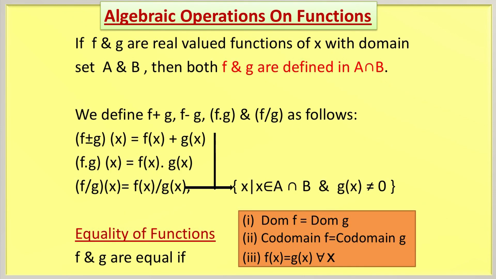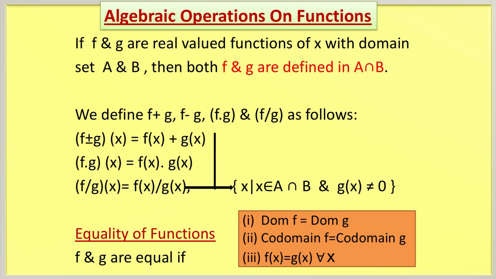Now, algebraic operations on functions, that means addition, subtraction, division and multiplication, that means f plus g, f minus g, product of functions and division of functions. So, (f plus g)(x) is equal to f(x) plus g(x), similarly for f minus g, and (f dot g)(x) is equal to f(x) into g(x), and (f by g)(x) is equal to f(x) by g(x).